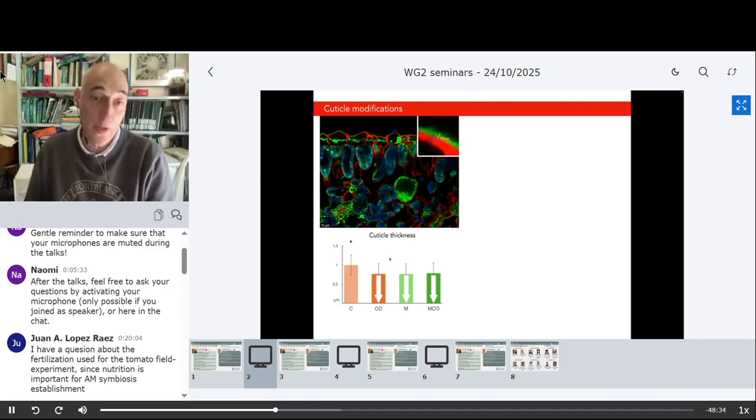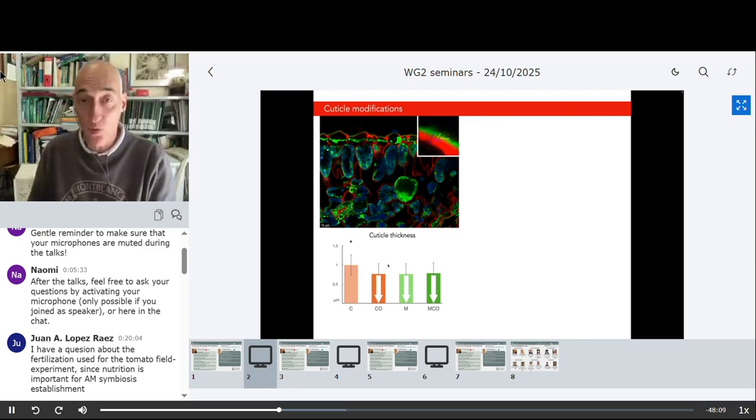And what we expected, in a very naive way, was that maybe the cell wall was thicker or the cuticle was thicker. Surprisingly, the result was the opposite: CO-treated, mycorrhizal and MCO plants all had a significantly thinner cuticle compared to control plants. This was very solid and surprising, but a result.